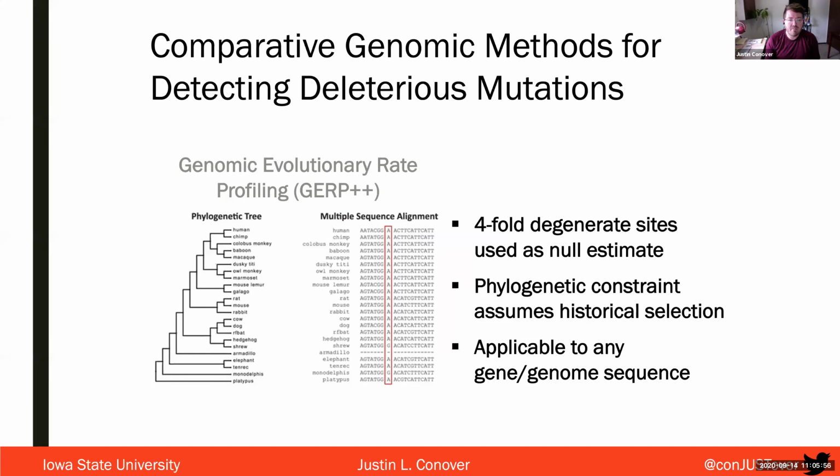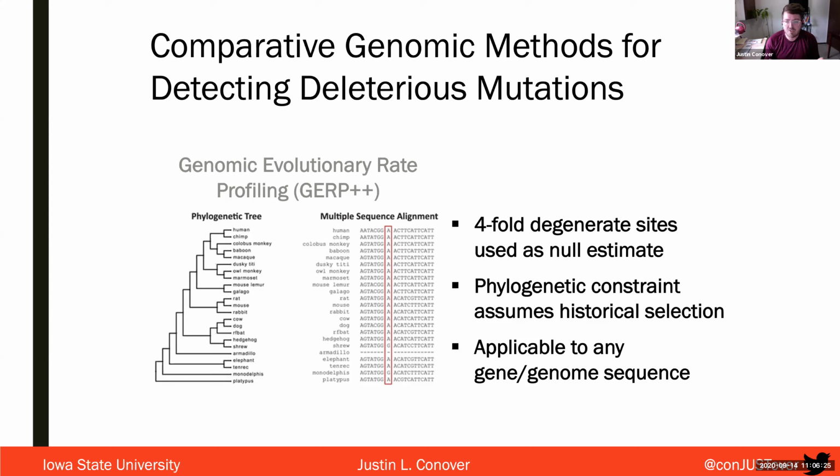Essentially, the way these approaches work is you create a multi-species whole genome alignment, and you estimate the rate of change at every position in the genome. If you use synonymous sites, where it doesn't matter which nucleotide you change it to, you always get the same amino acid, those are considered fourfold degenerate sites. Using those sites can give you a basal rate of evolution among all these species.